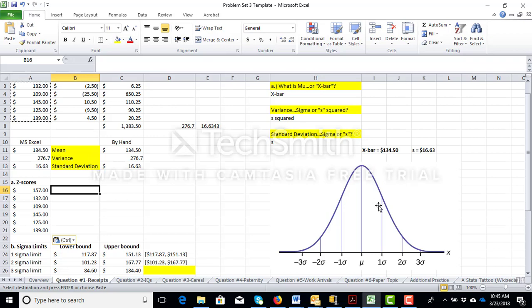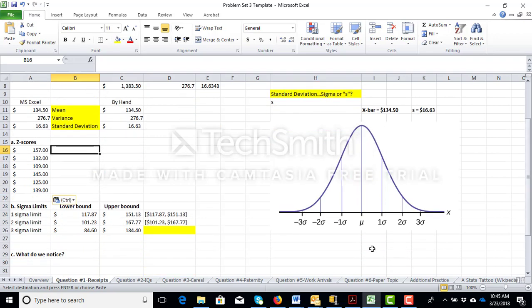If I had a receipt that was exactly $117.87, that would be a z of exactly 1. If I had a receipt that was $184.40, that would be a z of exactly 3.